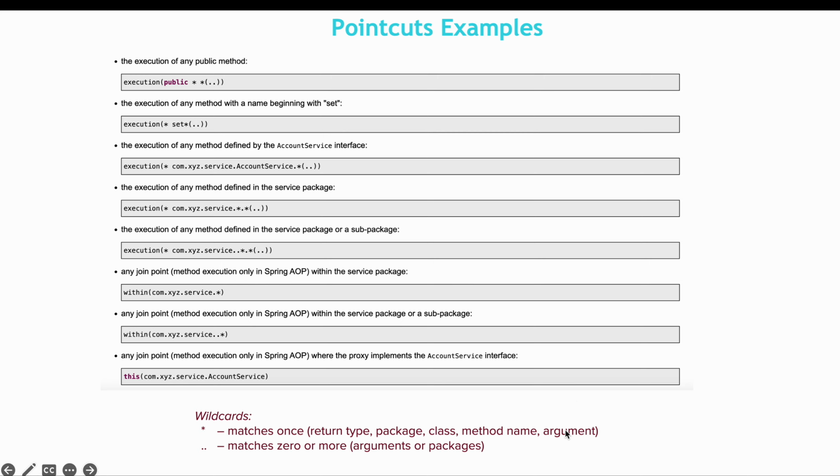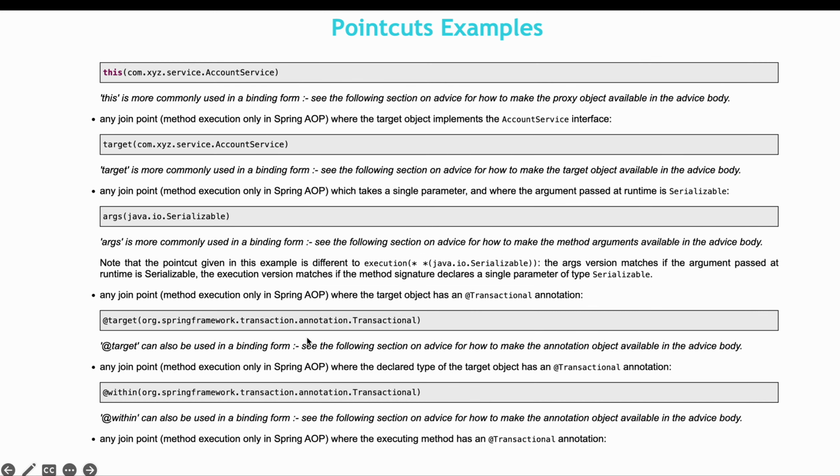And or argument. So if we had replaced this dot dot in arguments with just one star, that would mean that that method is expected to have one argument for it to match the Pointcut expression. And we have dot dot, which matches 0 or more arguments or more packages, as we see here, 0 or more packages.